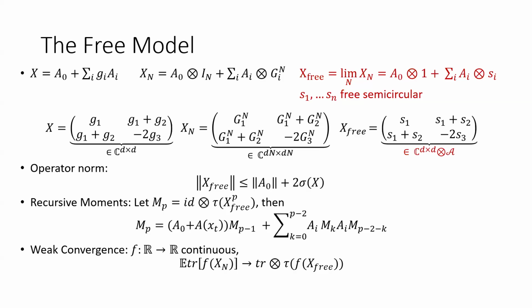So X is a d by d matrix, living in C^{d by d}. X_n is living in C^{dn by dn}, because you're lifting the matrix to a bigger matrix where each coordinate becomes a matrix now. And then in the infinite dimensional case, I'm looking at C^{d by d} tensor A, where A is the algebra of these semicircular things, but C^{d by d} is still just there, replacing multiplication by the scalar g_i with the tensor product.